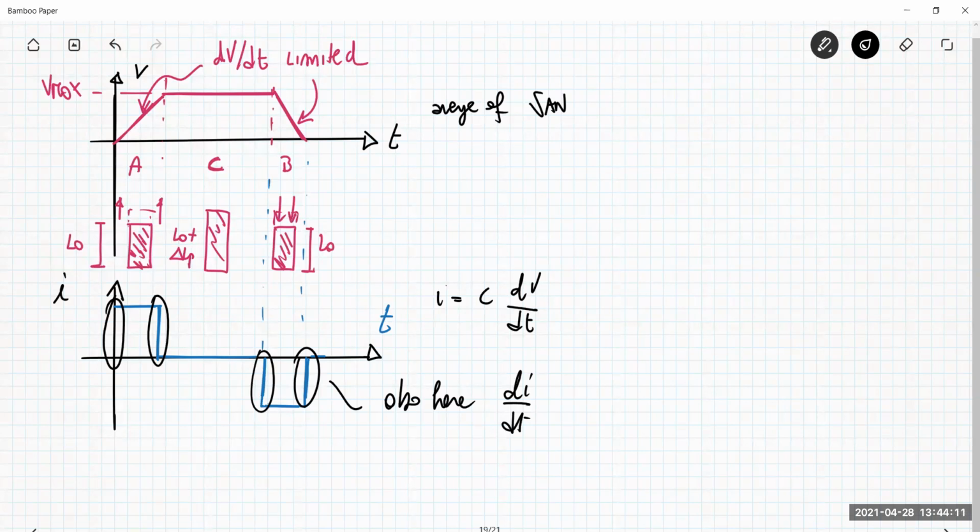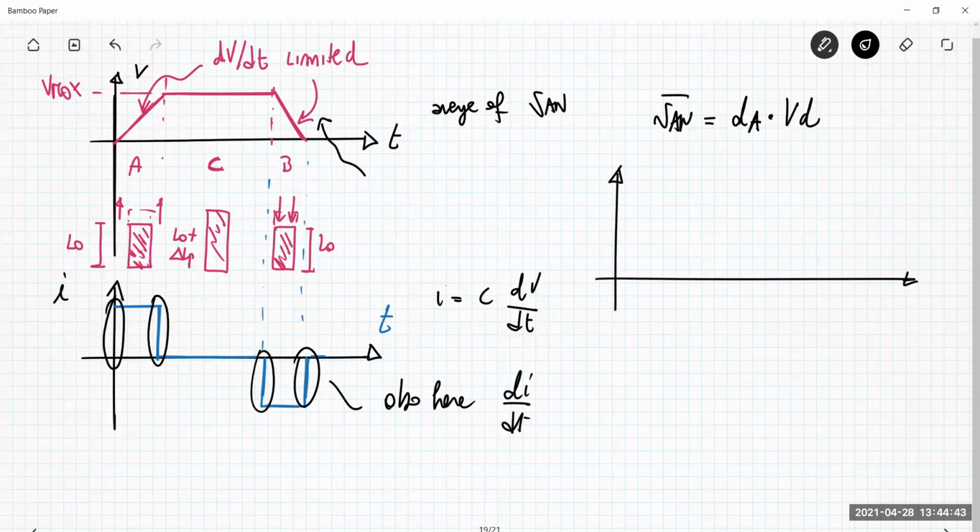In which way can I get this average voltage, which changes with time? Remember that the average voltage of VAN in a two-quadrant converter is simply the product of the duty cycle of the unit switching function that I'm using for driving the two transistors in the half bridge, multiplied by the voltage VD. So it's like having a duty cycle that varies with time.